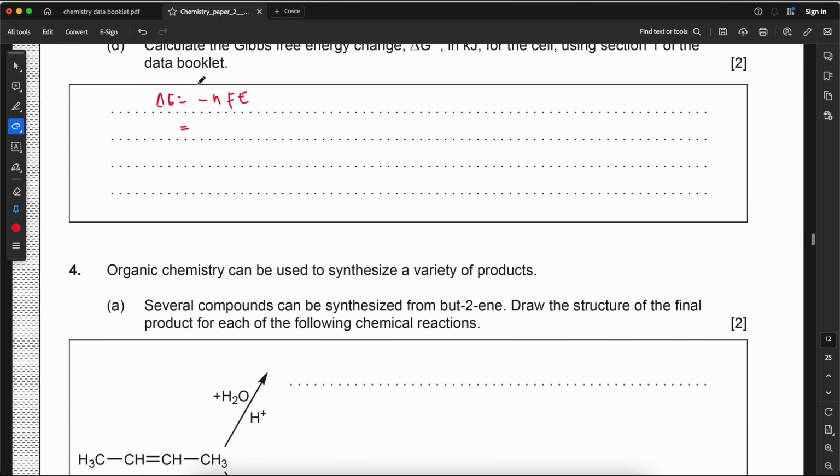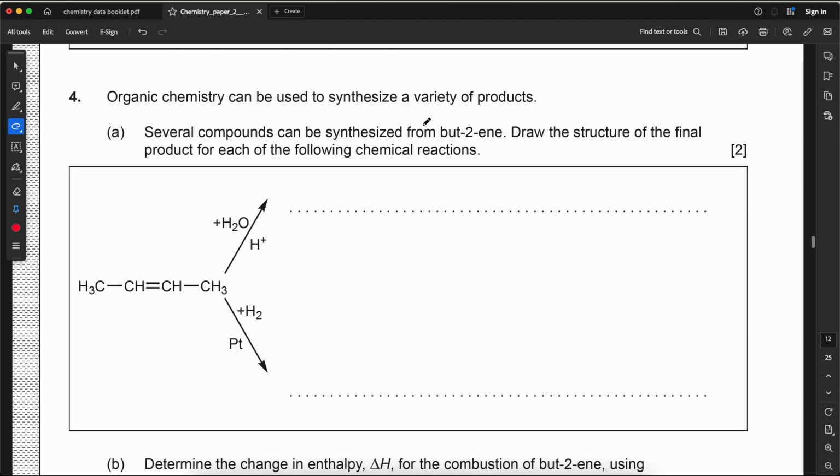So that would be negative 6 times Faraday's constant, which is 9.65 times 10 to the power 4, times 1.52 from the previous question. You get negative 880 kilojoules per mole.